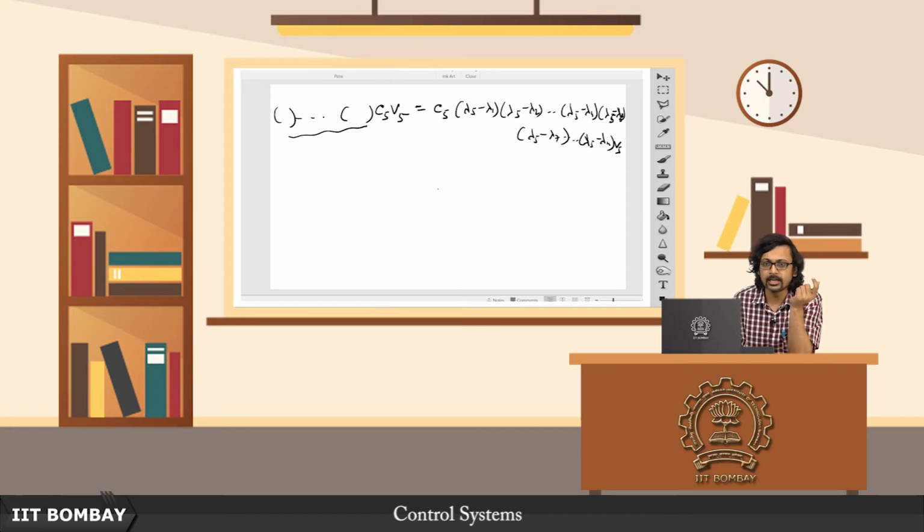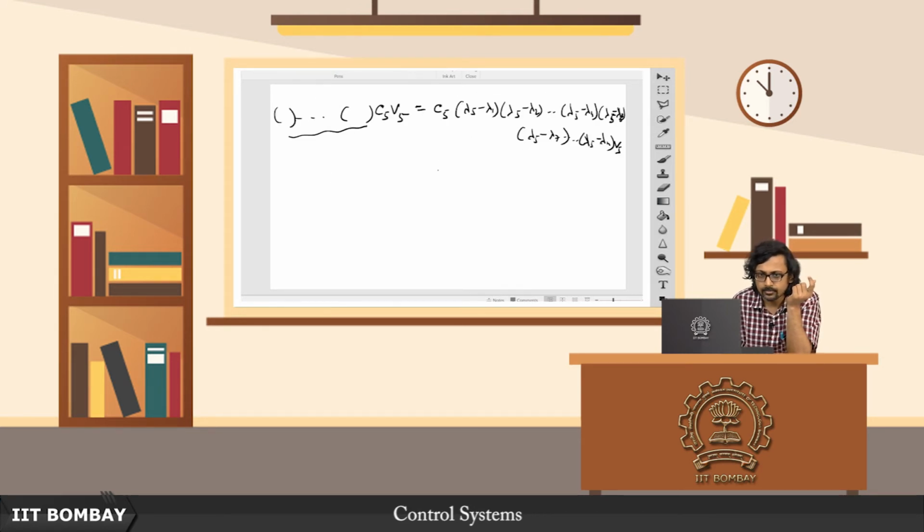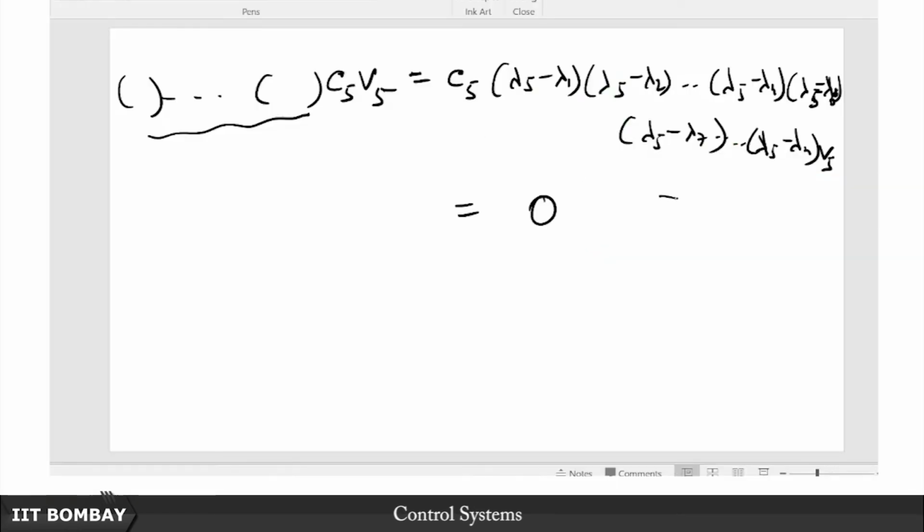So this is the only term that remains. But now you have said that this entire thing is equal to 0 on the right-hand side, so this must also be 0, because by my calculation earlier I have shown that every other term vanishes. So why is this true?